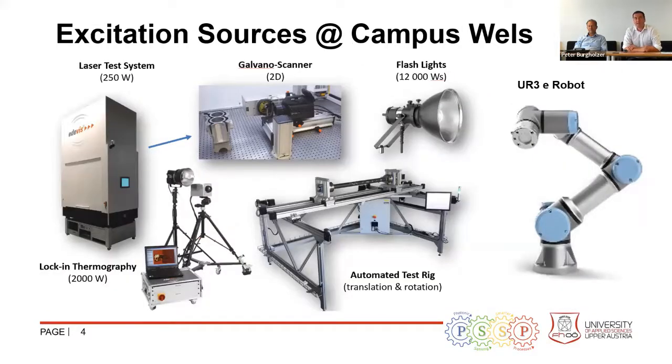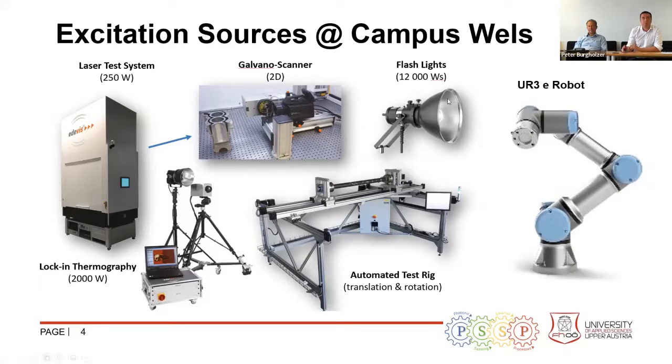On the other side, we need some excitation sources for active thermography. There we also have some different optical sources. Here you can see a classical setup. We use halogen lamps for a very large scale excitation of the surface.